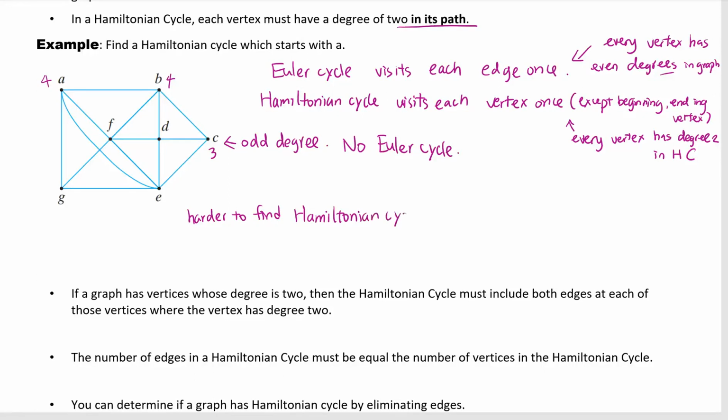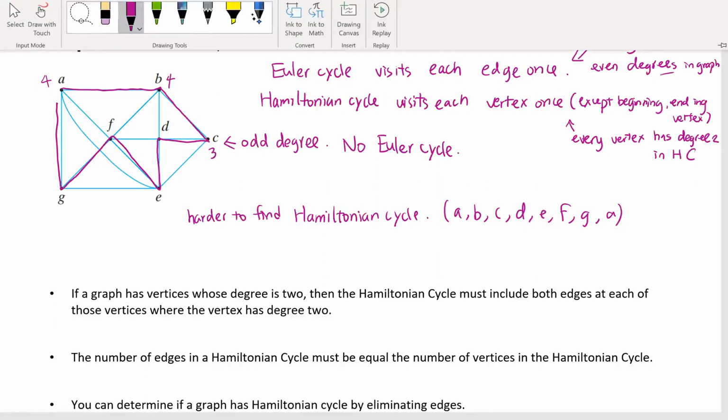For a Hamiltonian cycle, we want to travel to each vertex exactly once. So we can start with A, B, C, D, E, F, G, and then go back to A. So this is one Hamiltonian cycle, right? A, B, C, D, E, F, G, A. There could be other Hamiltonian cycles, so it is not unique.